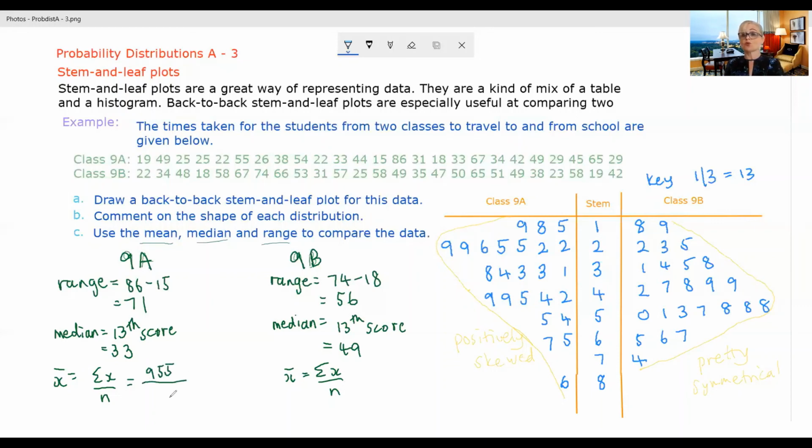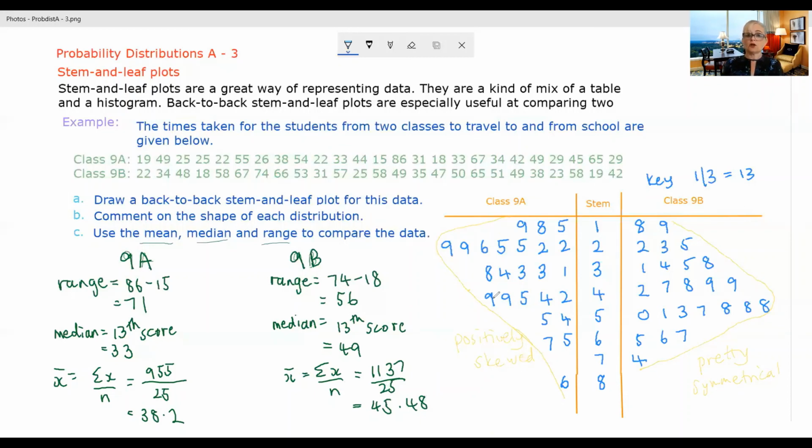Our number of scores is, of course, 25. When you work that out, you get 38.2. For 9B, you get 1,137 over 25, which is 45.48. Quite a significant difference there, really.